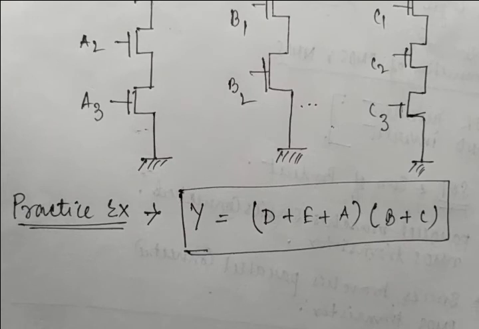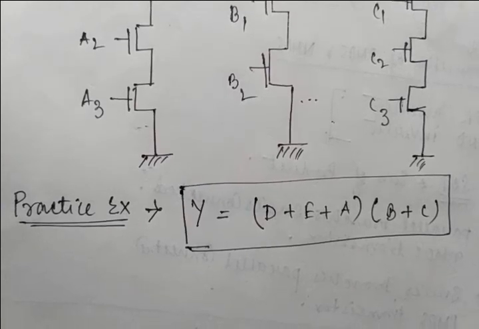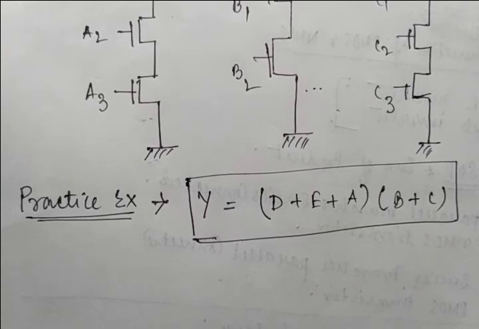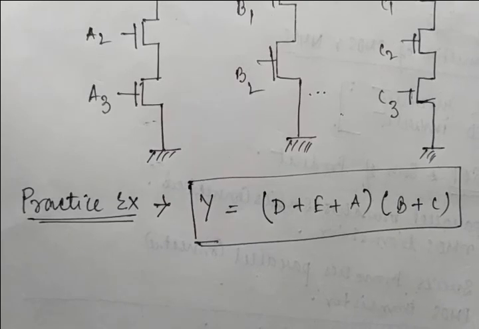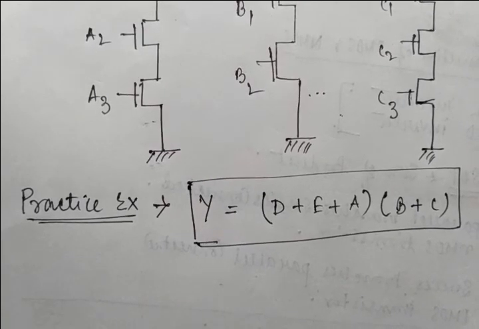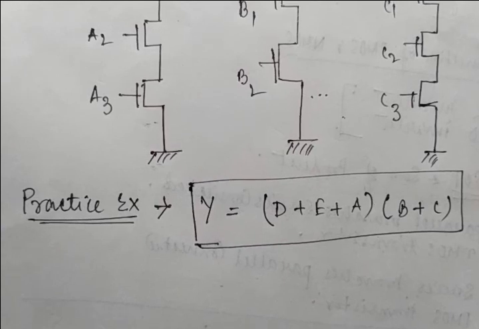And please make sure that I am giving here 5 inputs A, B, C, D, E, right? And all these 5 inputs will be designed using NMOS and PMOS by using the concept of pull-up network and pull-down network. And please check whether you will go for AOI logic or OAI logic. Okay, so this is the brainstorming section.